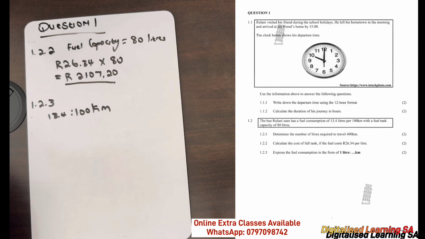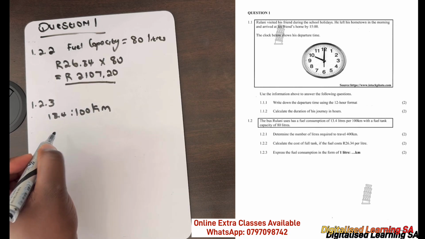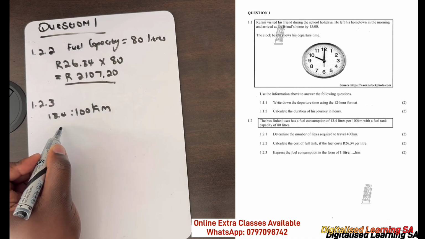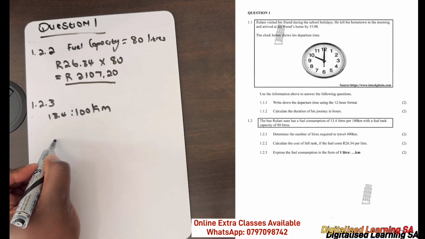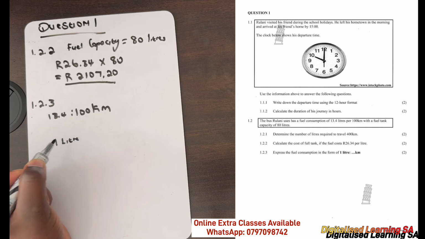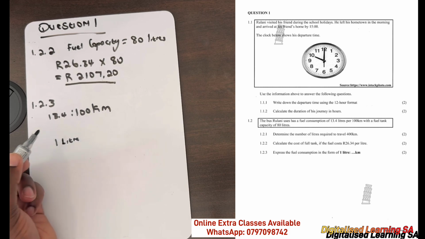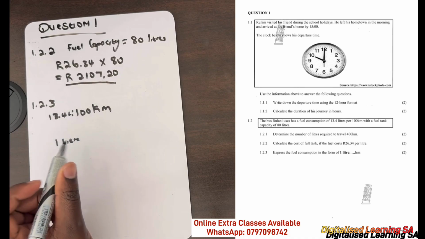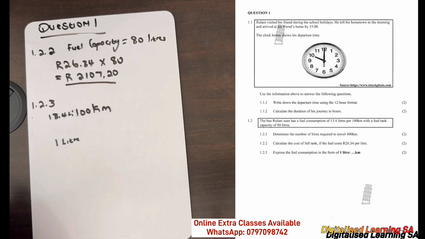And how do we do that? The question tells us that our left hand side needs to be in the form of 1 liter. And how do we get to that if we know that 13.4 liters only travels 100 kilometers?